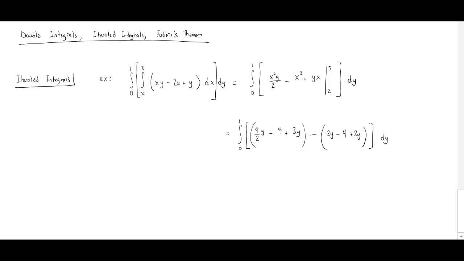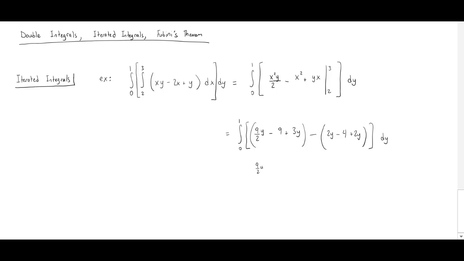So now let's just work out the rest of the problem. So I'm just going to simplify the inside first. So first we have 9 halves y minus, oh, let's see here. Okay, so for all the y's, I'm going to give them all a common denominator of 2. So I'll go back a step. So we have 9 over 2y.